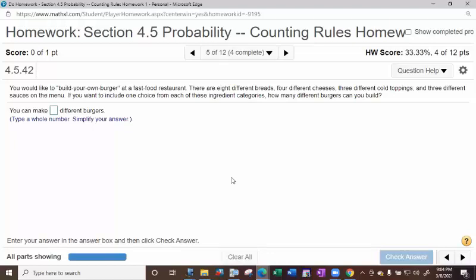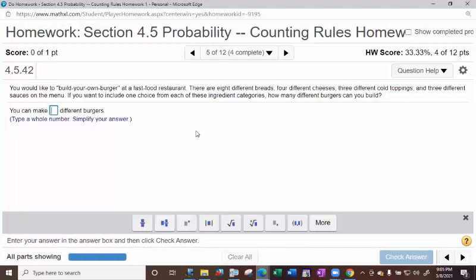Build your own burger. Ooh, now I might need a calculator. Maybe I don't. 8 breads, 4 cheeses, 3 cold toppings, 3 different sauces, 1 from each. 8, 4, 3, 3. I'm going to try to do this in my head so you can laugh at me if I'm wrong. I think it's 288.